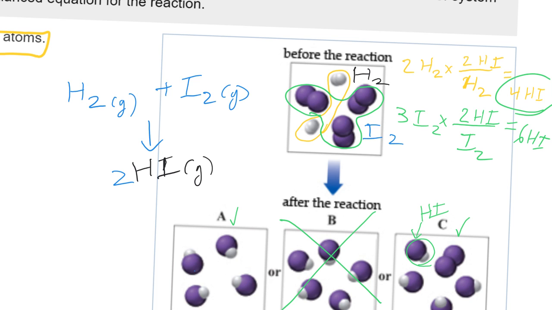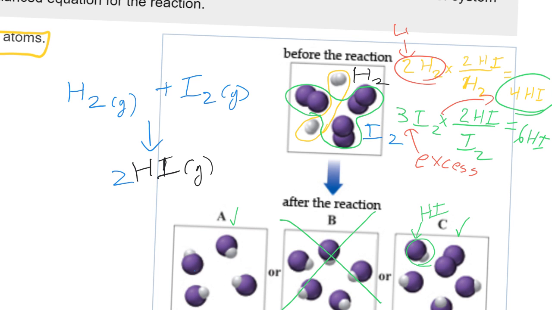So we have to decide between A and C. The question becomes, in deciding between A and C, we have iodine in excess, right? We have more iodine than we need to produce the 4 hydrogen iodide. Hydrogen is our limiting reagent because it produces the smaller number of products.